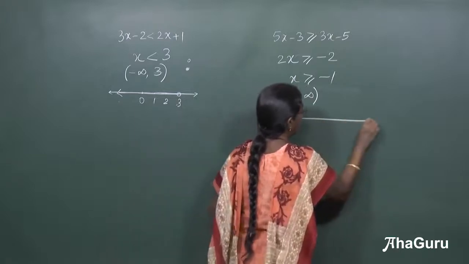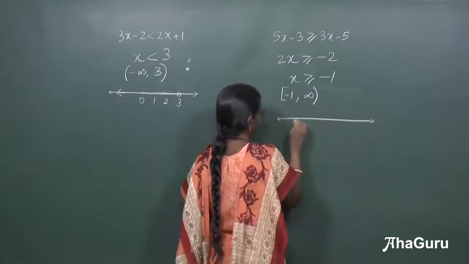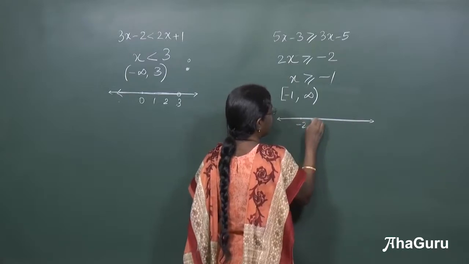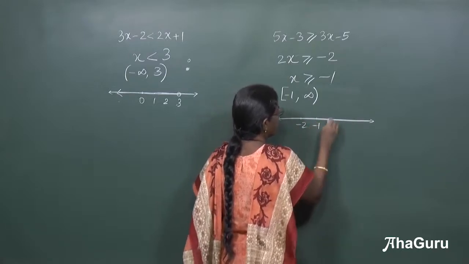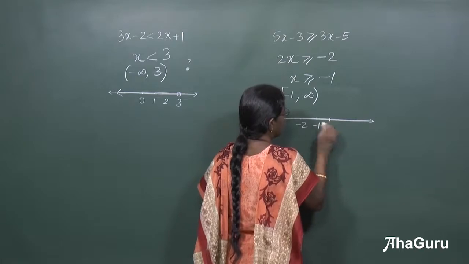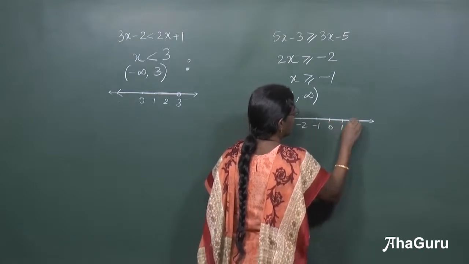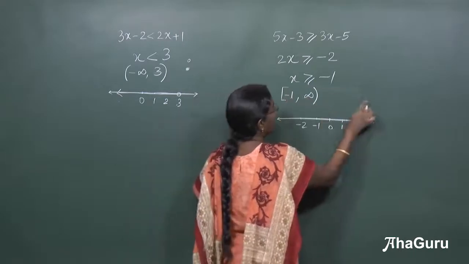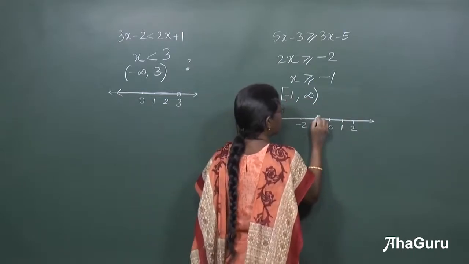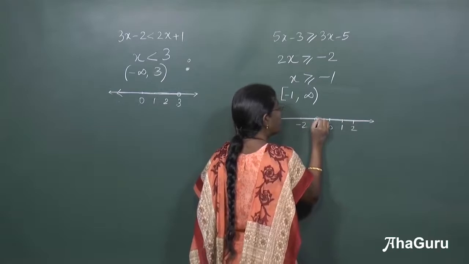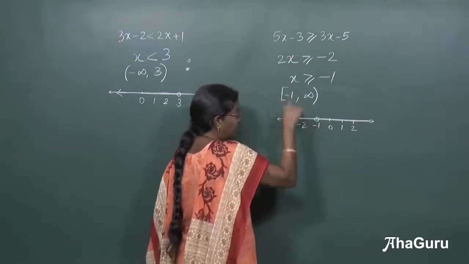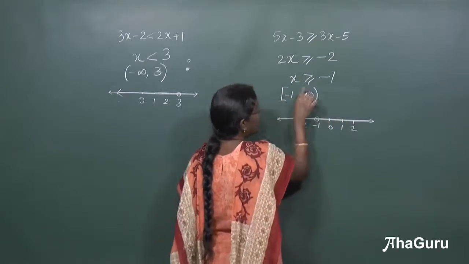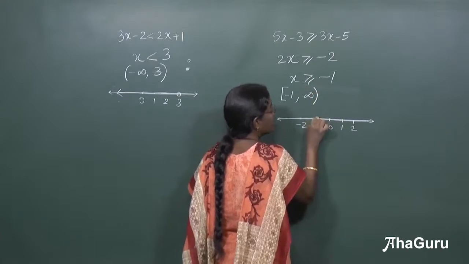On the number line, minus 2, minus 1, 0, 1, 2 and so on, all values which are greater than or equal to minus 1. So, at this point just draw a small circle encircling that point. It is greater than or equal to, so just shade this circle.